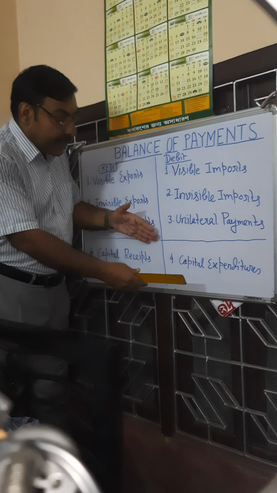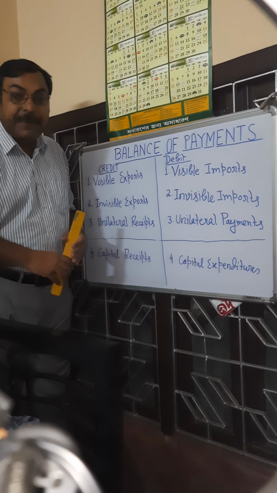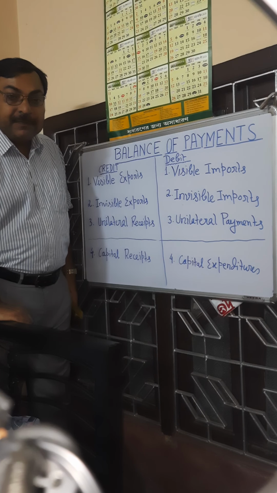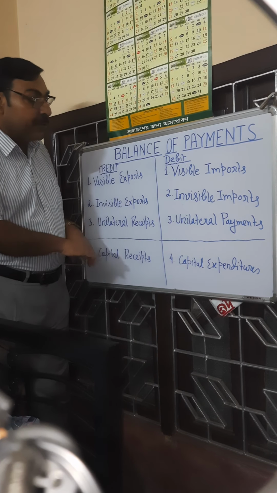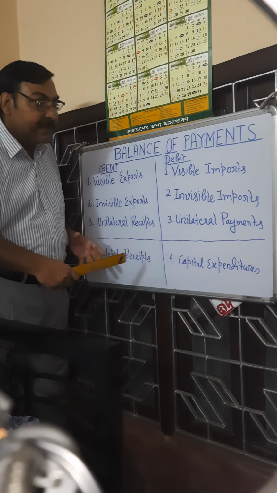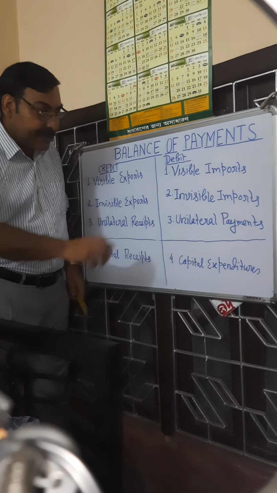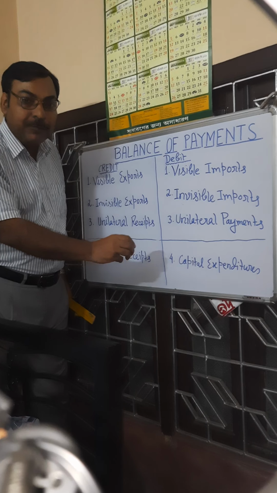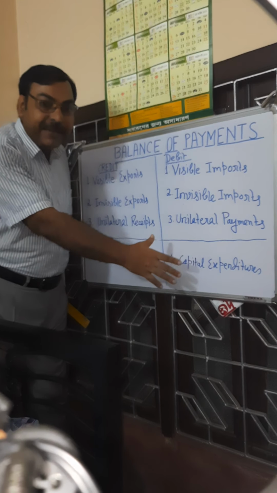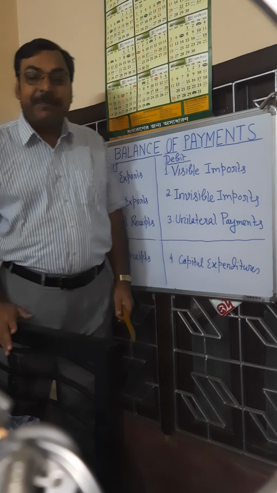It also has a capital account, income and expenditure related to asset liability condition of the economy. And at the time of calculation, if we observe any disbalance, the credit side and debit side not being equal, then some items in capital account called accommodating items are used to maintain the balance, and at last balance of payment account is balanced.